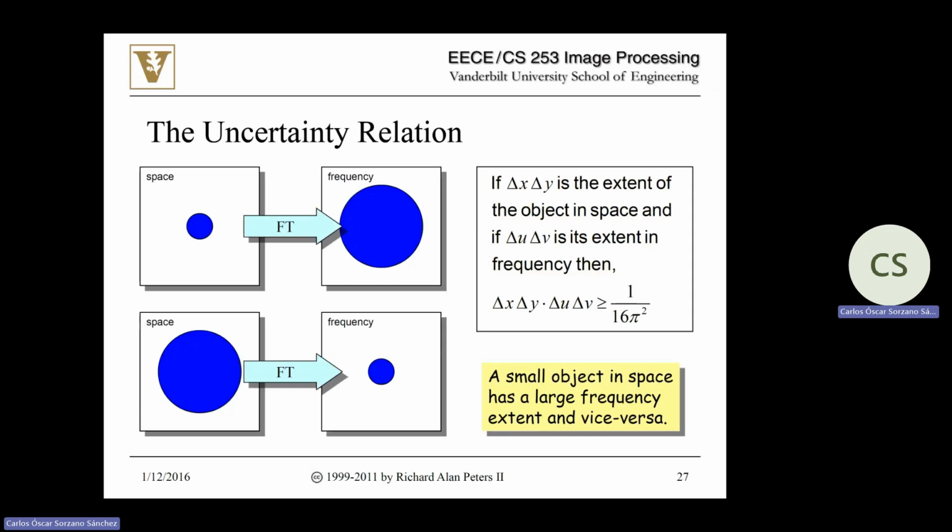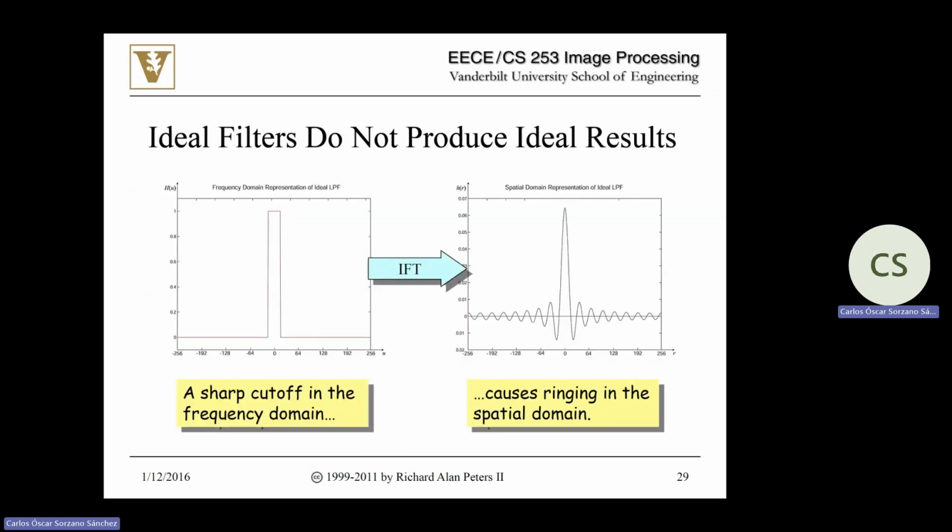Then the product of the two is larger than something. The function that reaches that bound is the Gaussian. So it is the one that has the minimum product of supports.